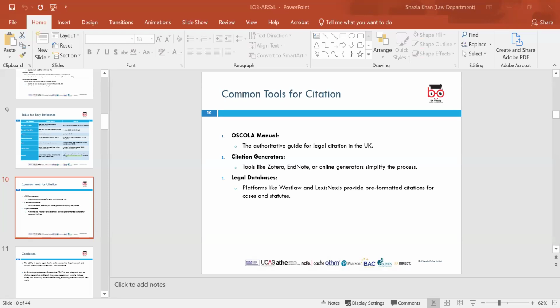So these are the common tools that are used for legal citations.